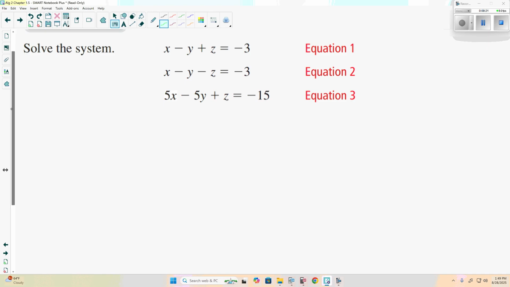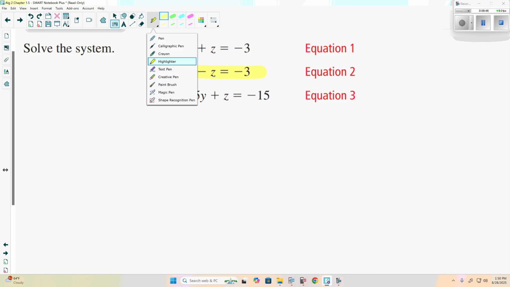So which variable do we want to eliminate first, x, y, or z? We can do z. z is nice because all 3, we have one z, yes? Top, middle, bottom. Which one do we want to use as the eliminator equation? Middle?